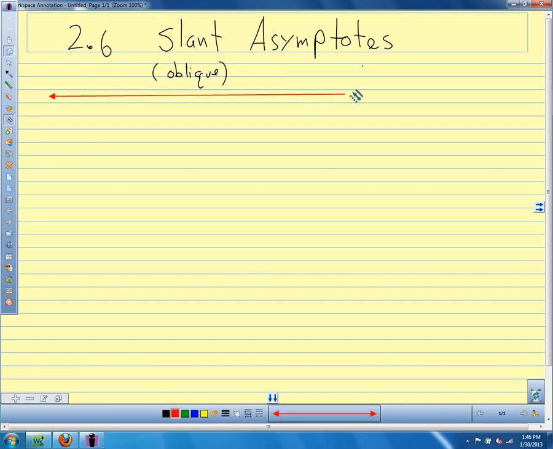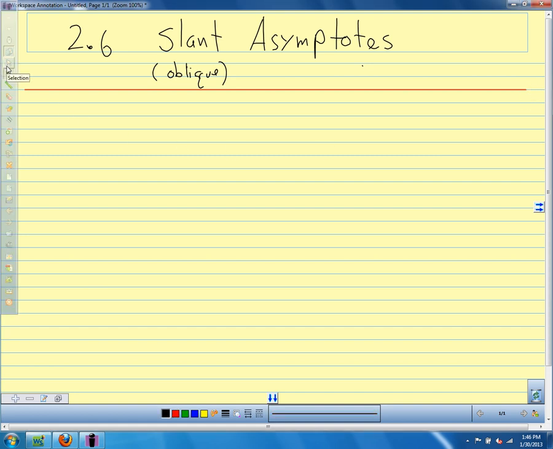But really quickly, before we talk about slant asymptotes, we'll just recap the information that we need for our asymptotes. So if we have our rational function, and we call whatever the polynomial that's in the numerator is n of x, and d is our denominator, d of x.